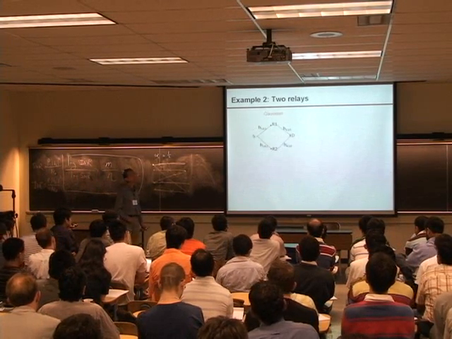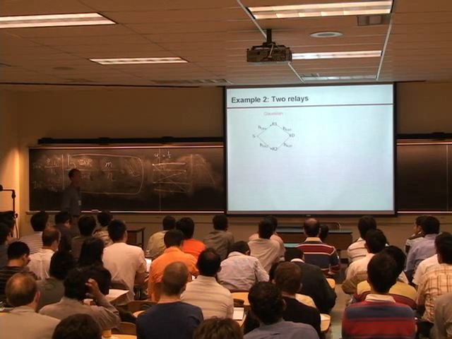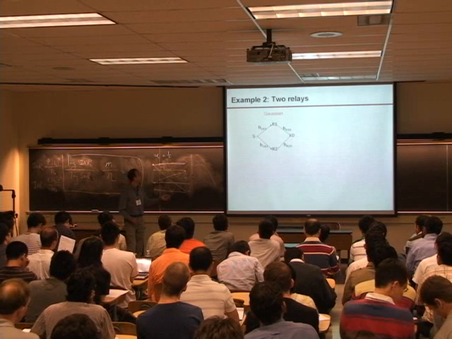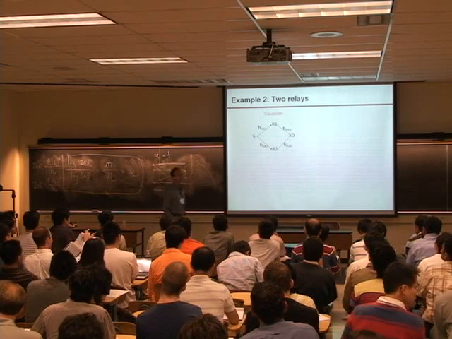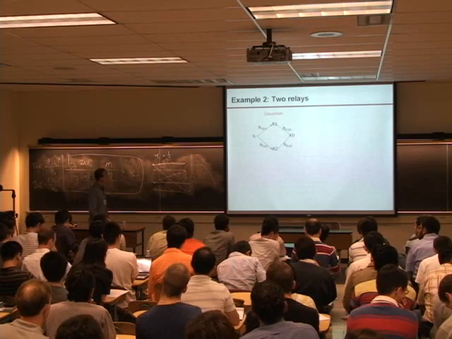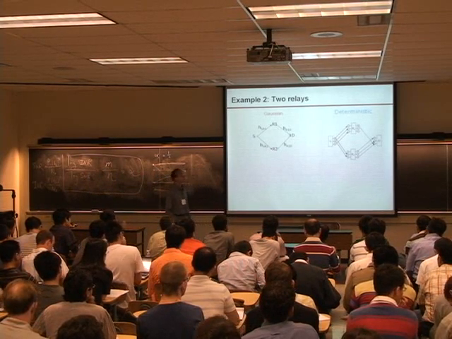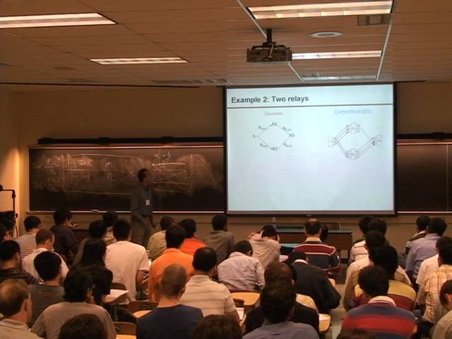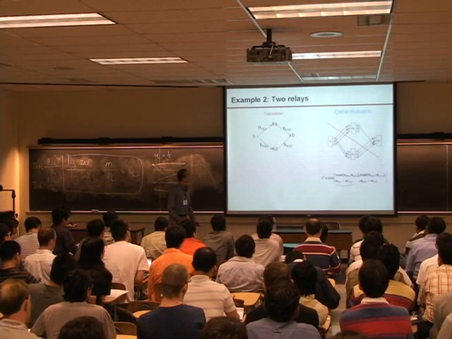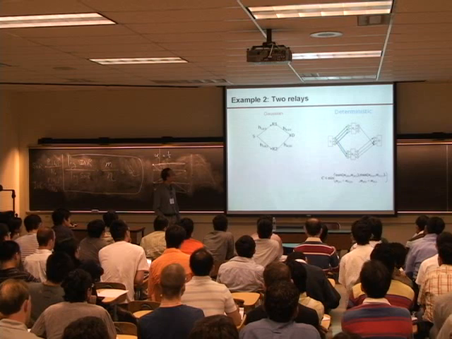All right. So let's look at 2 relays. Here we have the famous diamond network. So no direct source-destination link in this example. We can build a deterministic channel, by now familiar. Now, the cutset bound is given by 4 numbers.